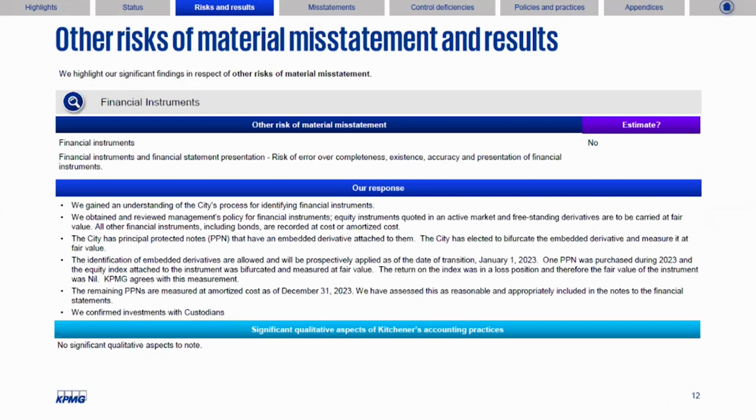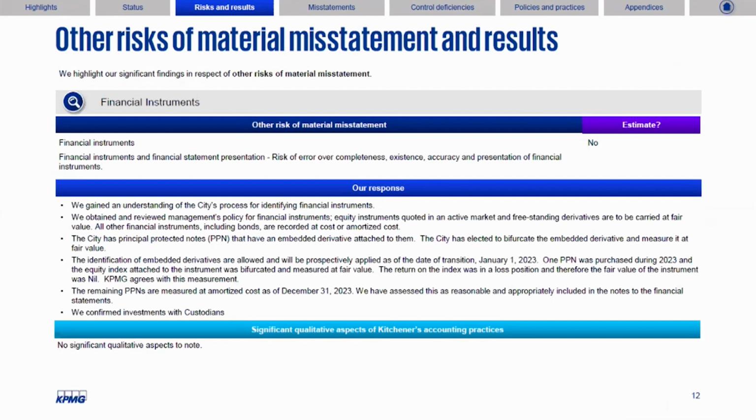The last area of focus is financial instruments, which, as Greg also mentioned, is a new accounting standard. The new accounting standard concentrates mostly on investments as well as some added disclosure. With the new accounting standard, if the city has any investments in equity instruments that are traded on the open market, they have to record these investments at fair value instead of amortized cost.